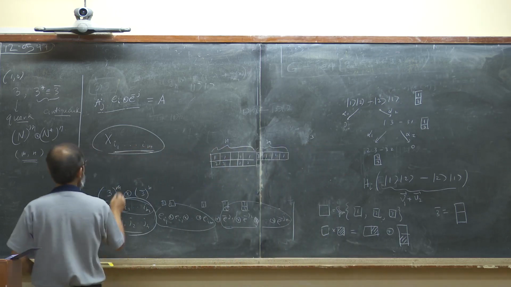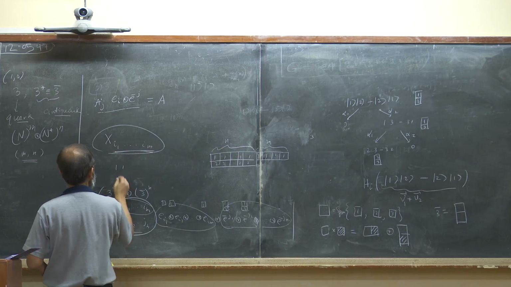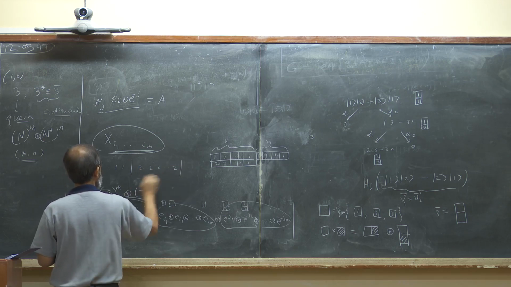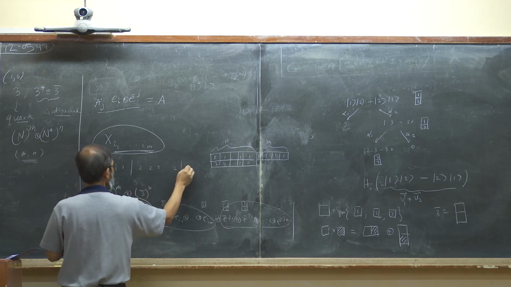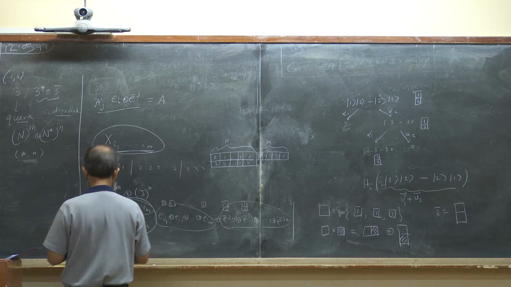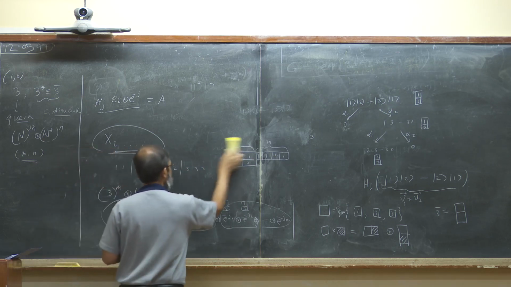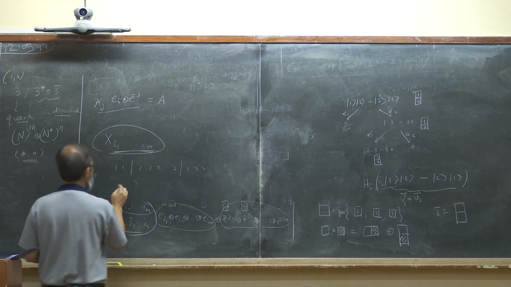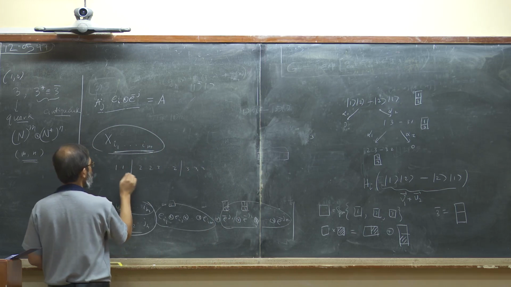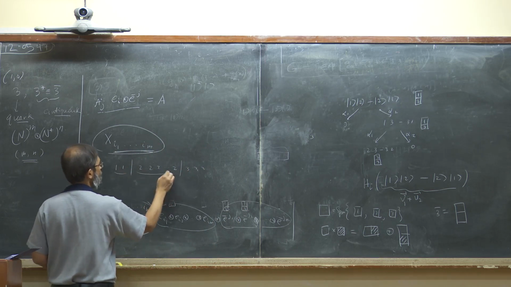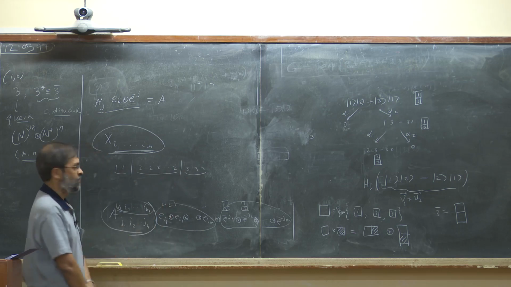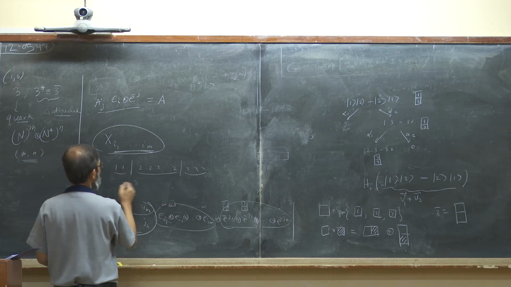One trick to do this is that there will be a whole bunch of 1s, put a partition, then a whole bunch of 2s, put a partition, and then a whole bunch of 3s. This boils down to counting the following: there should be n objects overall and 2 partitions. Like Bose counting.